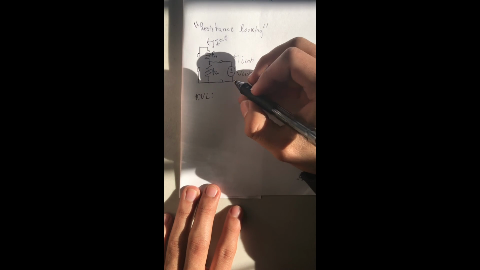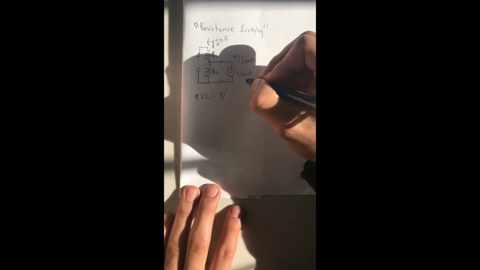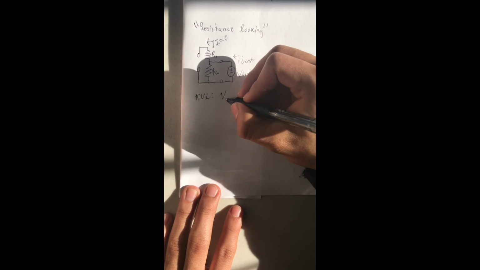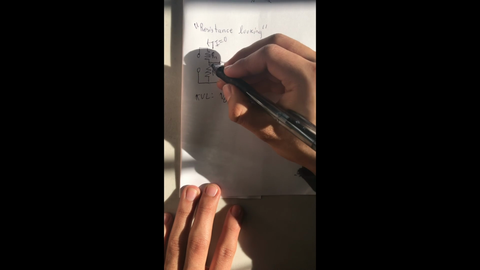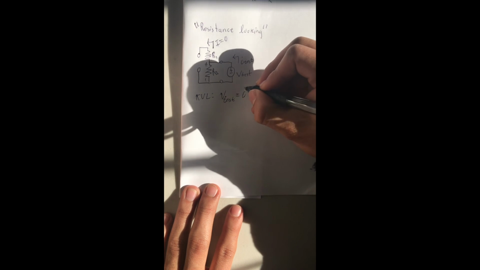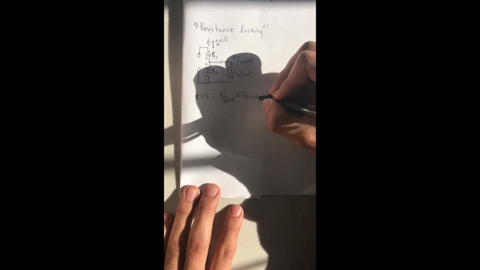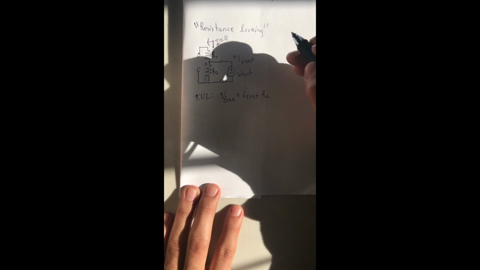Kirchhoff's voltage law tells us that the voltage rise equals the voltage drop around a closed loop. So we have V test is equal to the voltage drop here, which is just I test times R2, and I test is I test.